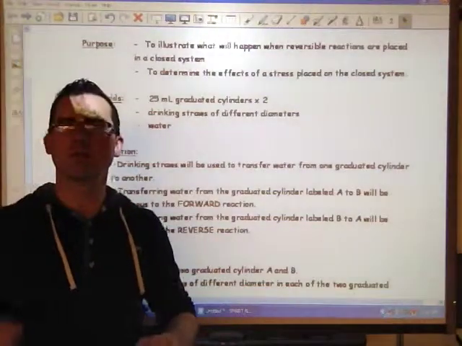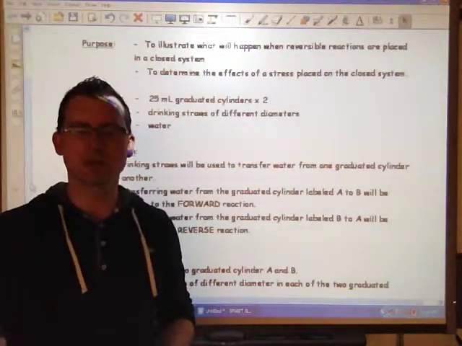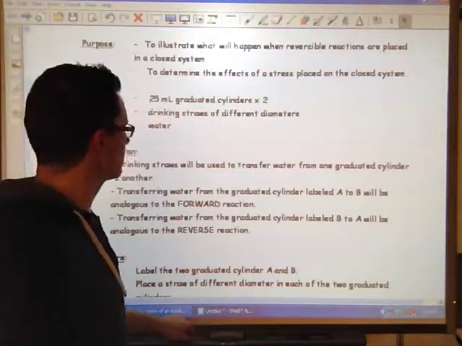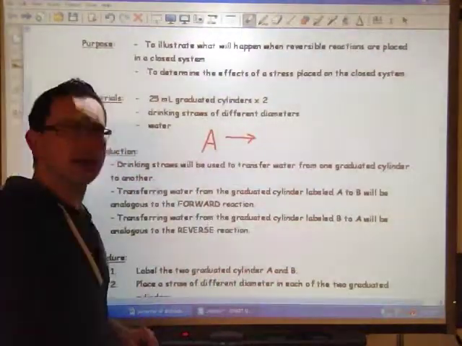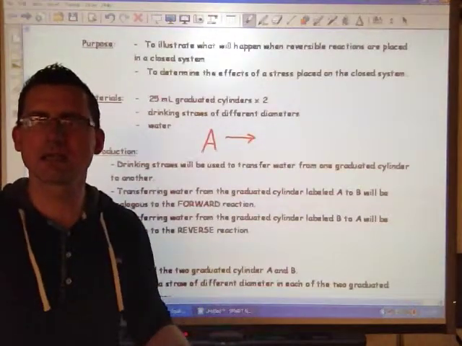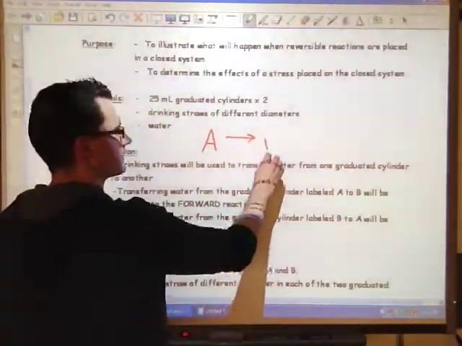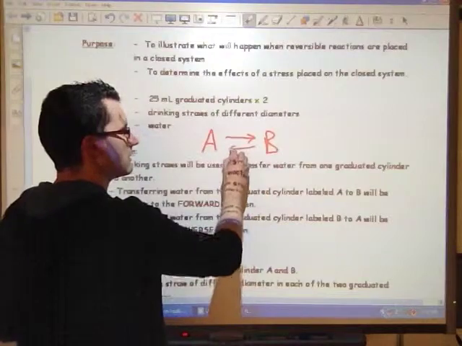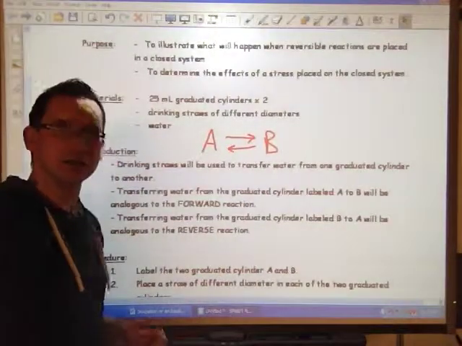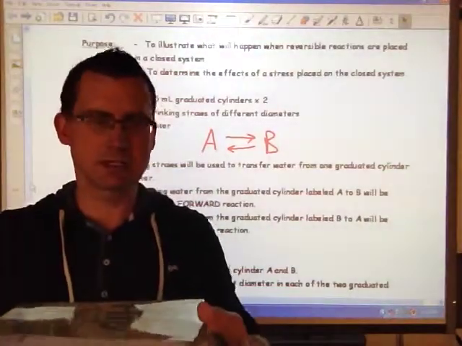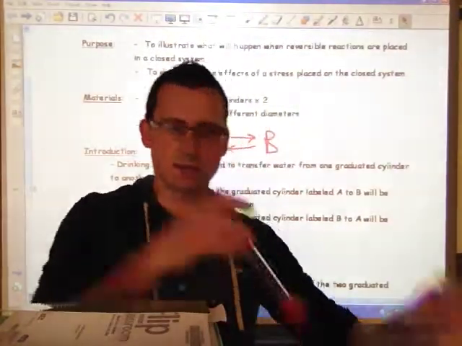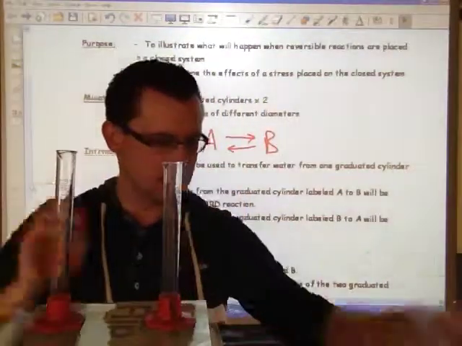So drinking straws will be used to transfer water from one graduated cylinder to another. Transferring water from one cylinder to another will be simulated to be the forward reaction. And the other straw taking water from another cylinder will be the reverse reaction. So you'll have a setup very similar to this here. You'll have two cylinders like that.